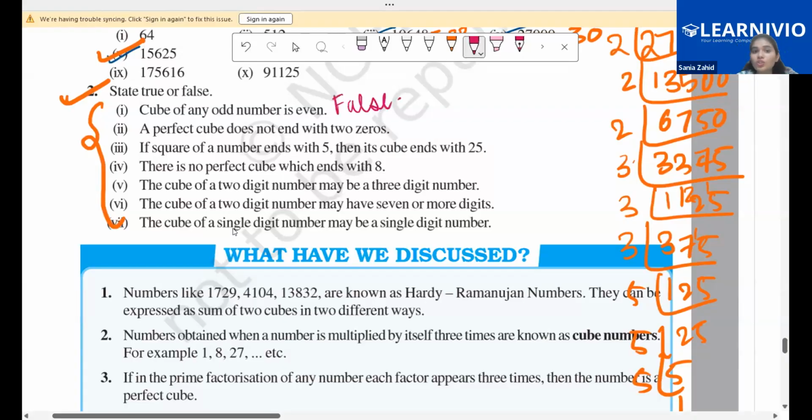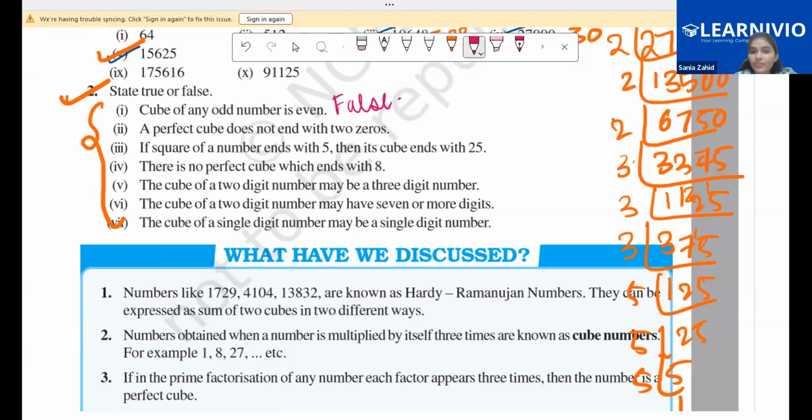Next: a perfect cube does not end with two zeros. True or false? Okay, look here. Yeah, it's true. Now, why is it true? 100 is not a perfect cube, and 1000 is a perfect cube.